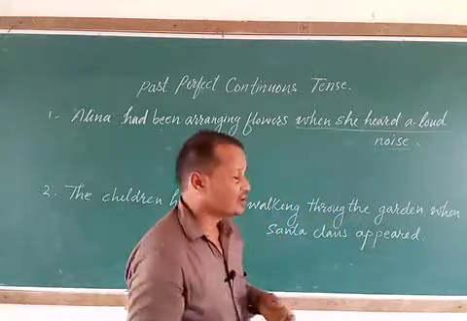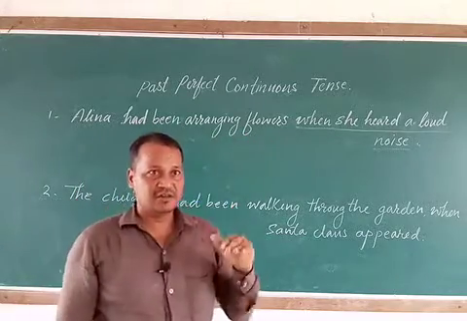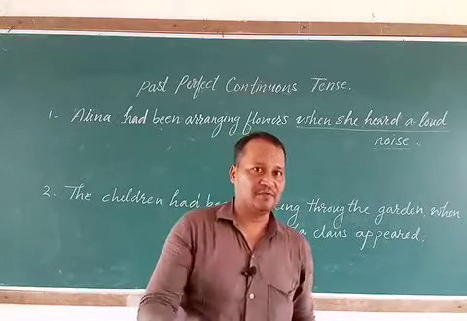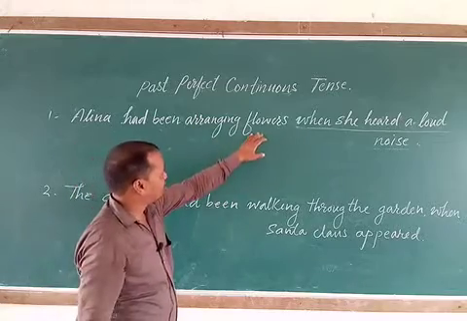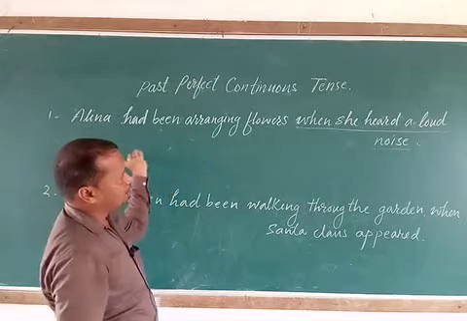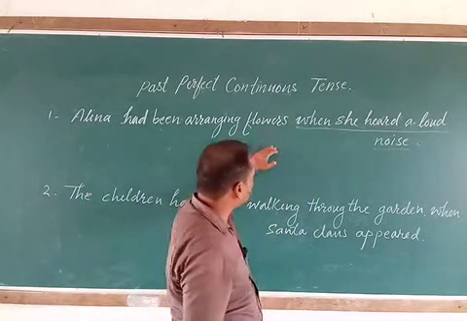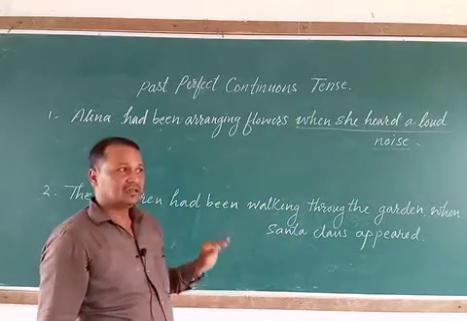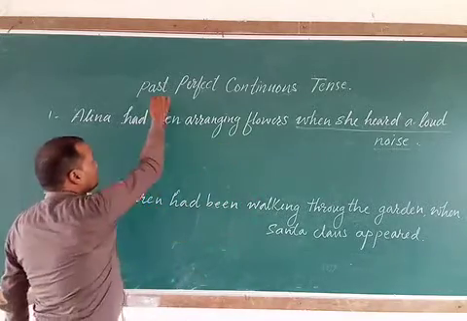And what was that action? The action was arranging flowers. It means she kept on arranging flowers for a long time before that. So that action, arranging flowers, had started before that point of time and continued up to that time. This type of expression we express in past perfect continuous.